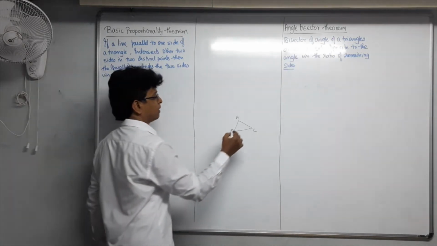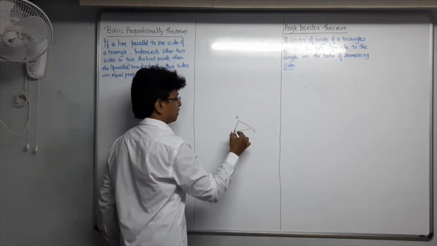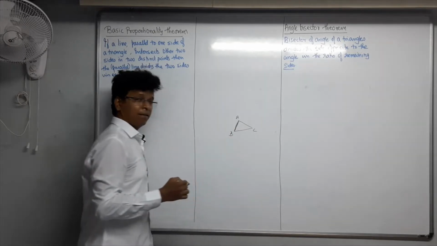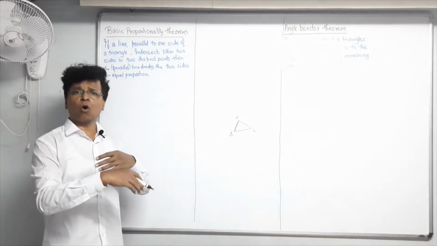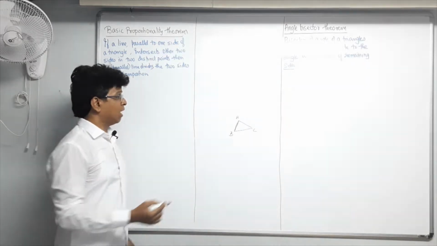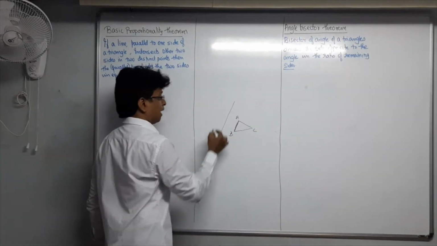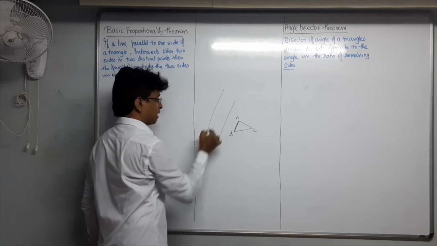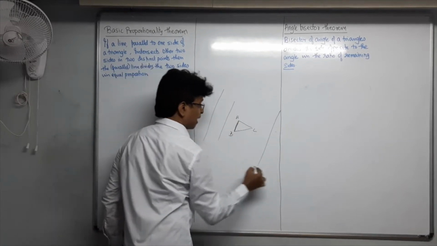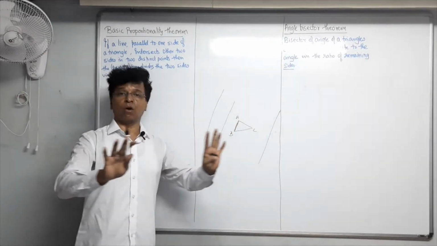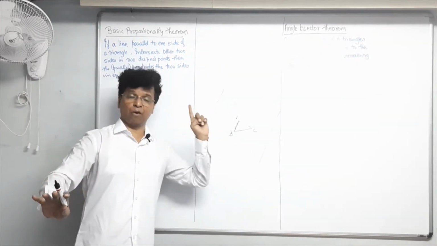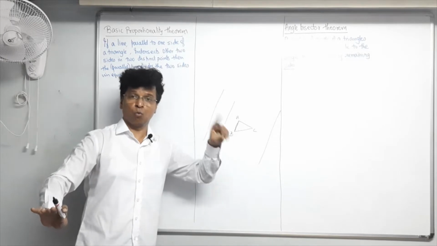Now supposing I target this side and I draw a line parallel to side AB, I can draw infinite number of lines. Of course, I can draw this line, this line which is parallel to AB, this line which is parallel to AB, but none of these three lines is of use for BPT, for the basic proportionality theorem. Why?